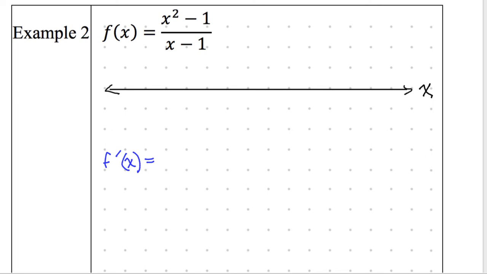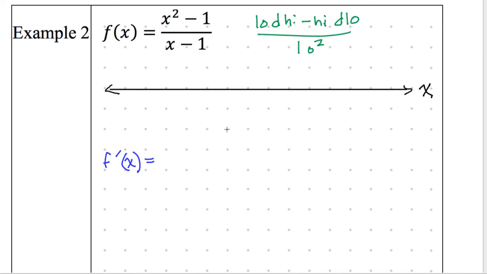What is quotient rule again? I'm going to write it up here. Low d high minus high d low over low low. All over low low. Heaven backwards, of course.